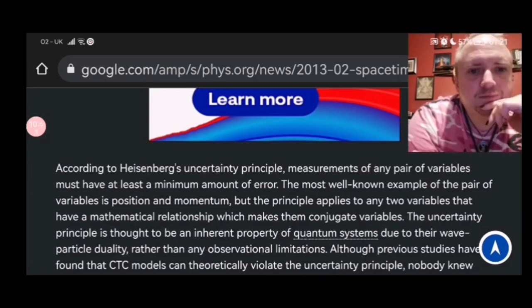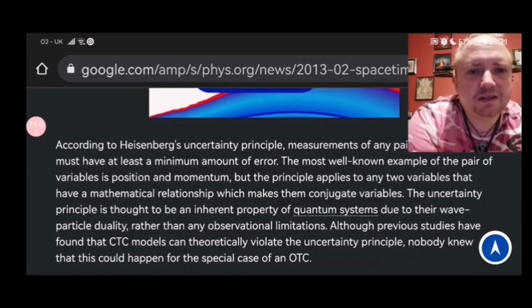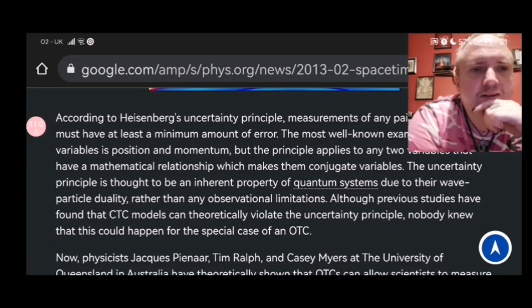The uncertainty principle is thought to be an inherent property of quantum systems due to their wave-particle duality, rather than any observational limitations. Although previous studies have found that CTC models can theoretically violate the uncertainty principle, nobody knew that this could happen for the special case of an OTC.